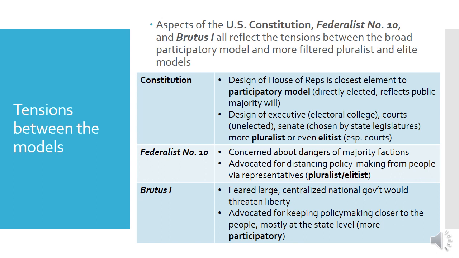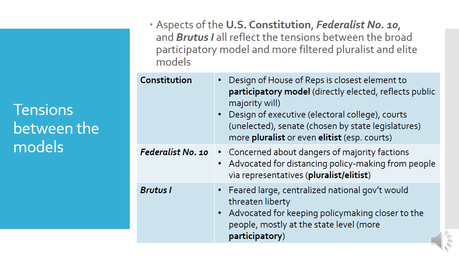Other parts of our system are much more in line with the pluralist slash elitist models that are more filtered. So the executive, of course, is elected indirectly by the Electoral College. The courts are unelected. The Senate originally was selected not by the people, but by state legislatures. So these are much more in line with the pluralist and elite view of democracy.